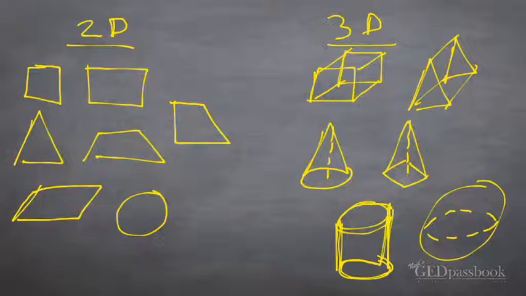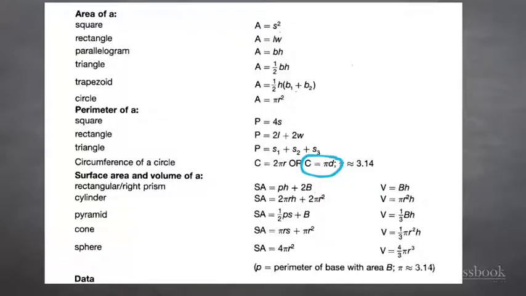You guys have some formula sheets, which again gives you the cheat sheet, gives you the templates needed to know how to find the surface area and volume of a cylinder, pyramid, cone.